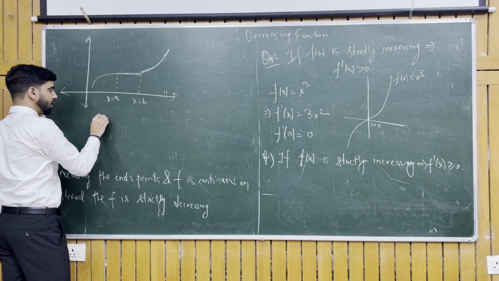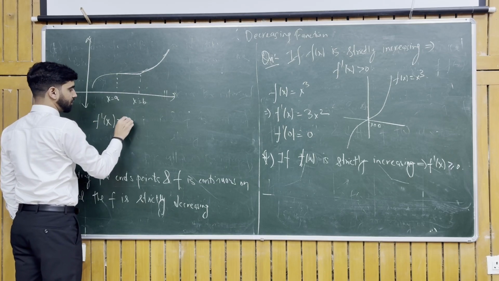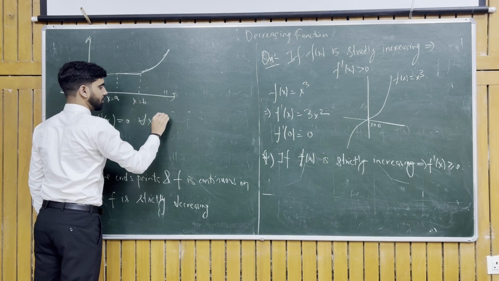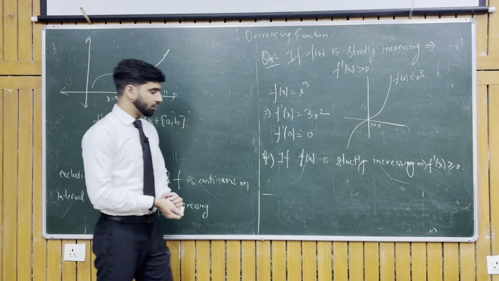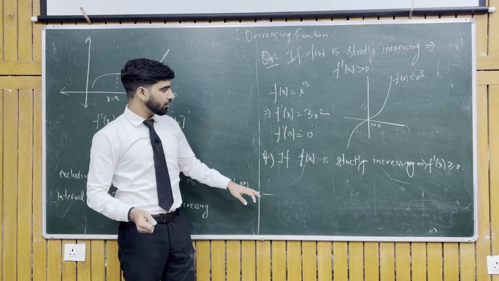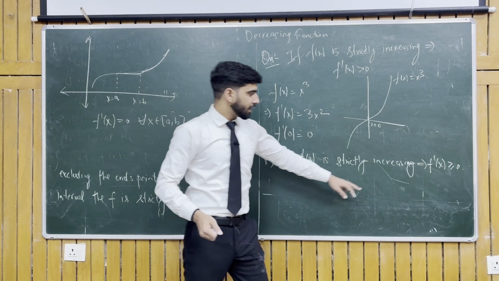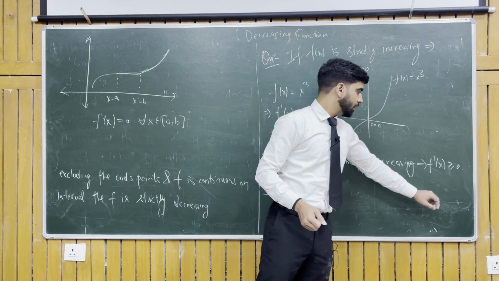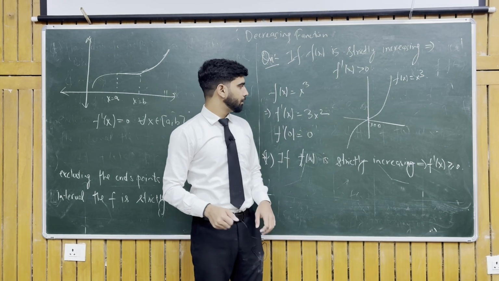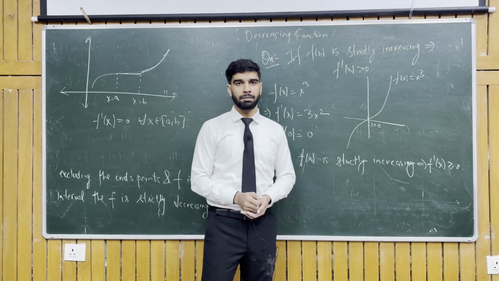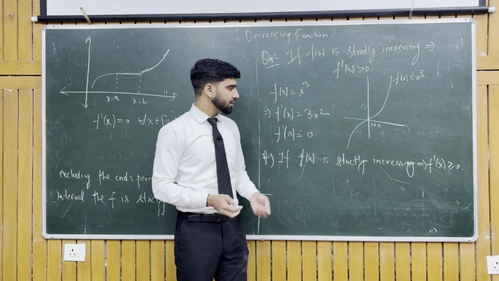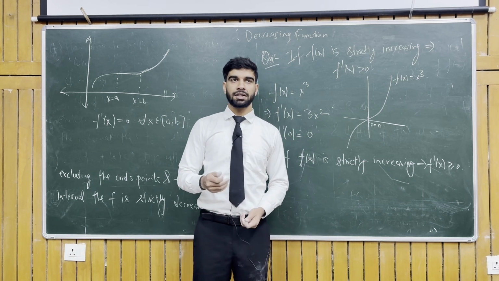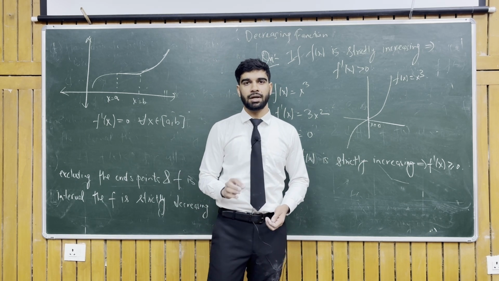So f dash x is equal to 0 for all x belonging to the interval (a, b), but the function is increasing. So we need to keep in mind that the derivative becomes 0 at only some discrete points in the case of a strictly increasing function, but in an increasing function the derivative being equal to 0 can happen at a discrete point or throughout the interval.